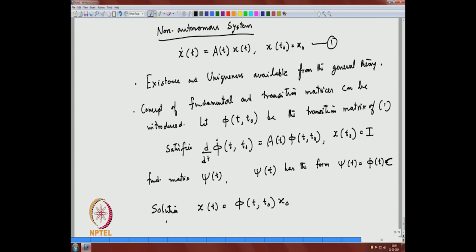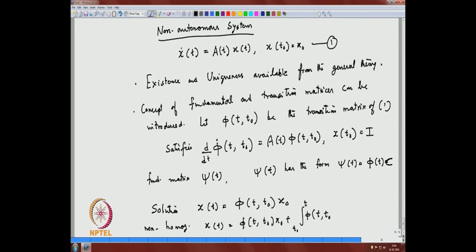And for the non-homogeneous system, your solution x t is of the form phi of t, you have the component y, all this can be x naught plus integral t naught to t phi of t t naught, you have to write this way.